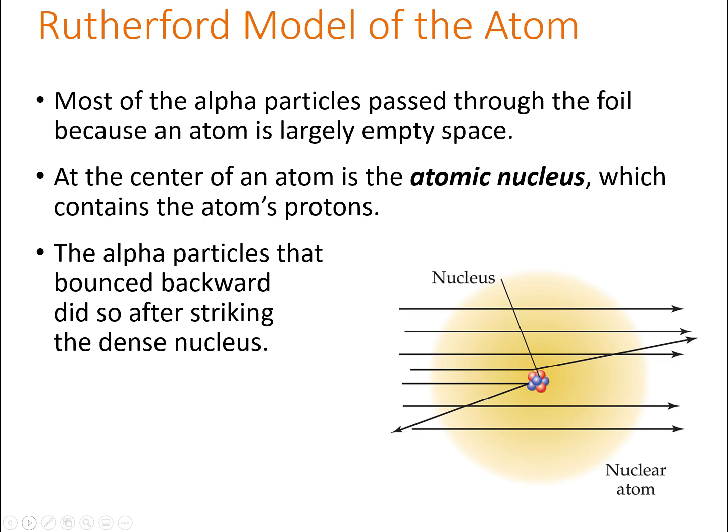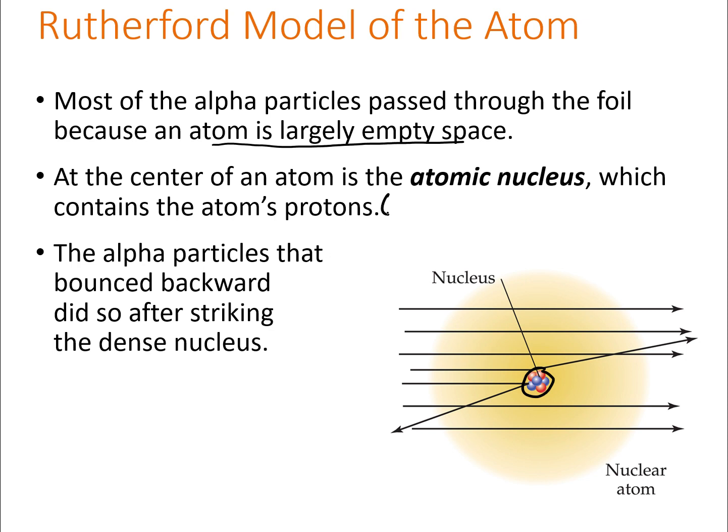Since most of the particles pass through the foil, it's true that the atom is largely empty space. But he proposed that there must be an atomic nucleus. It's at the center, and it contains the atom's protons.